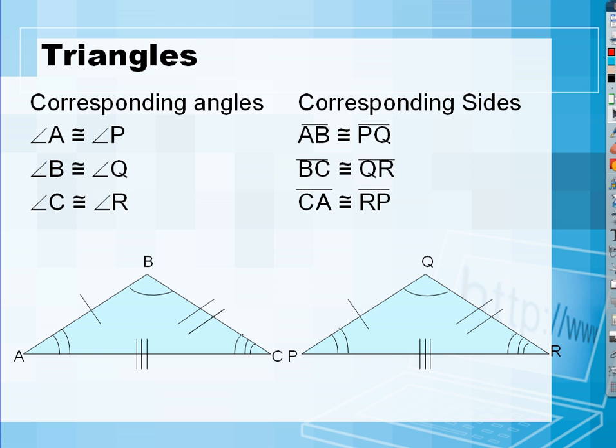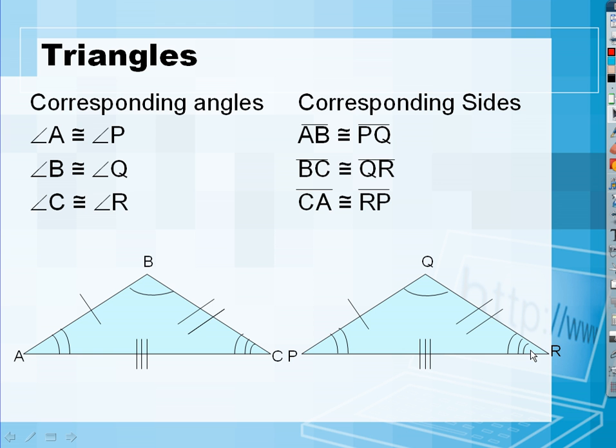So for example, let's look at this congruence relationship. I've got two congruent triangles. Now notice here that angle B is congruent to angle Q, angle A is congruent to angle P, and angle C is congruent to angle R, right?